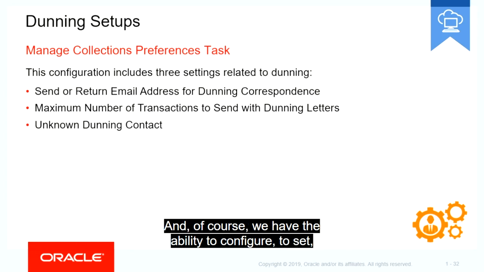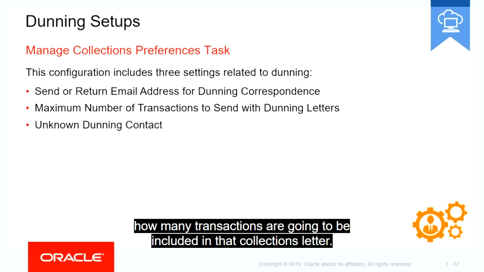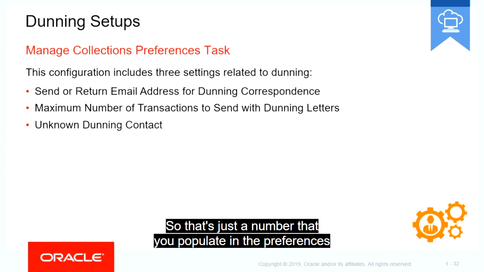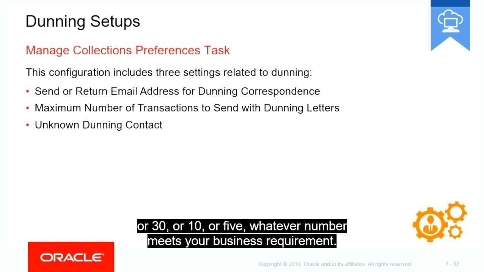And of course, we have the ability to configure how many transactions are going to be included in that collections letter. That's just a number that you populate in the preferences to indicate a maximum of 20 overdue transactions listed, or 30 or 10 or 5, whatever number meets your business requirement.